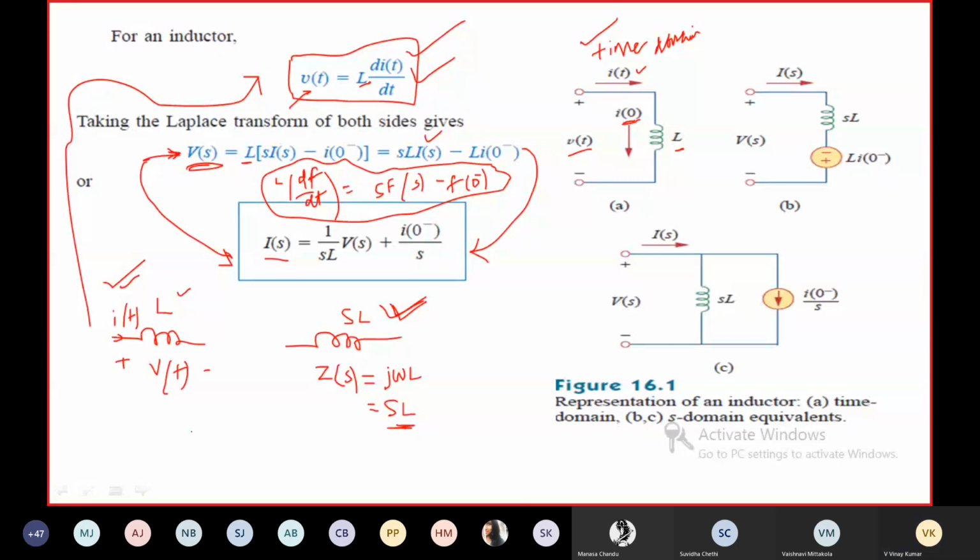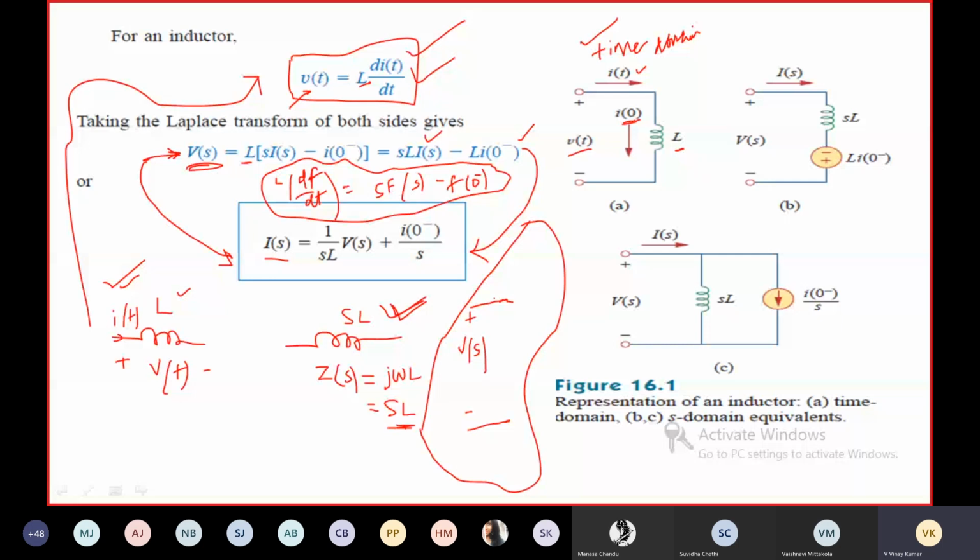Let me use the first equation. Based on the first equation, how can I have a circuit model? What is the voltage across the element? V(s) is the total voltage, which is equal to what?